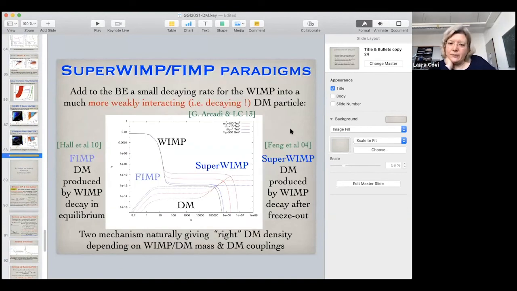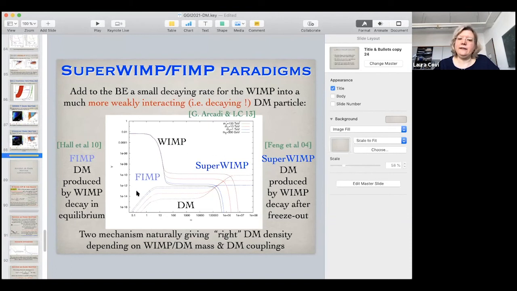The FIMP mechanism, as you have probably seen in the exercise this morning, is connected to having a particle out of equilibrium and producing it through the interaction with the thermal bath. So you can have it produced by decay, or as it was in the exercises, also by scattering.